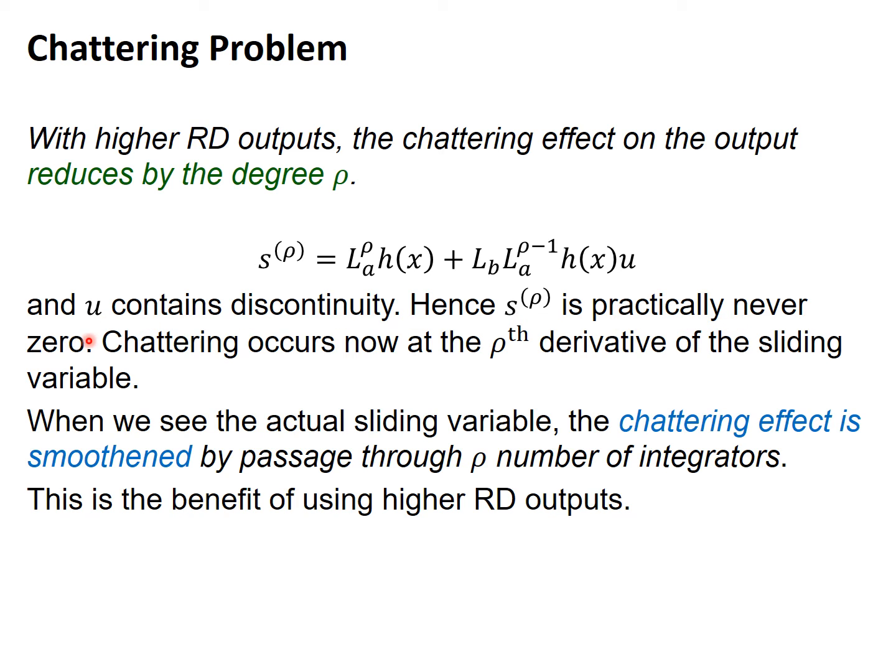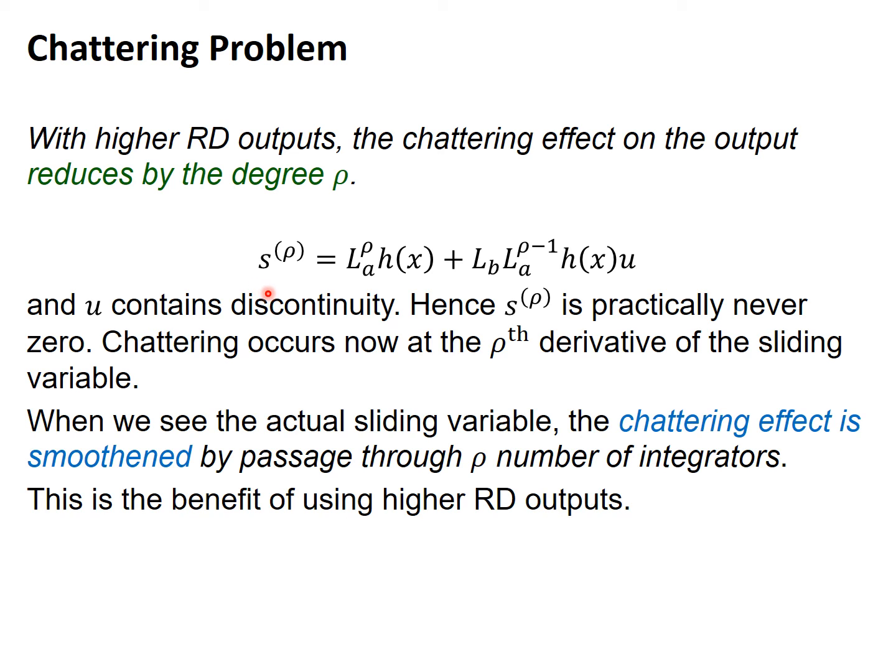So this will percolate to the lower derivatives of S, but the lower derivatives of S will be closer and closer to 0, because we are making it pass through more and more integrations. The actual sliding variable or output we are concerned with would have passed through rho number of integrations.